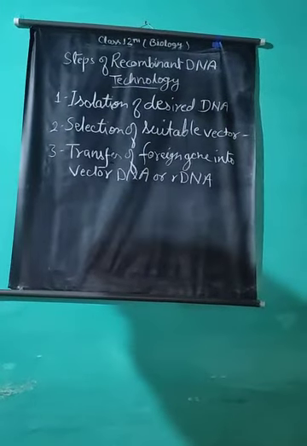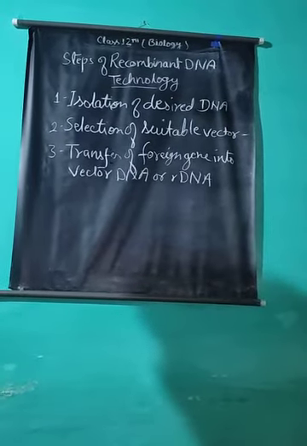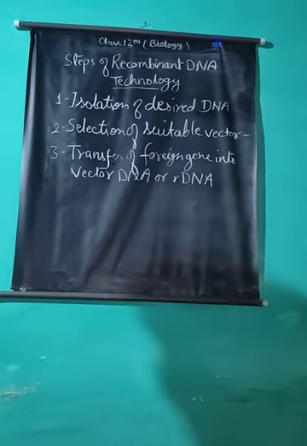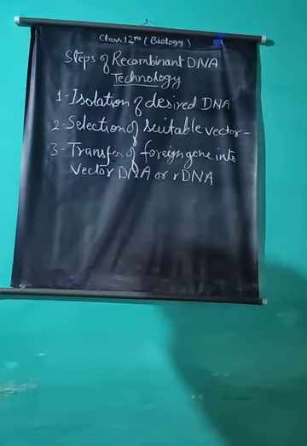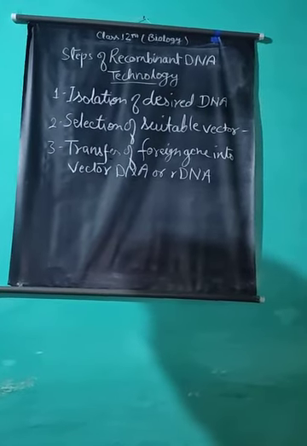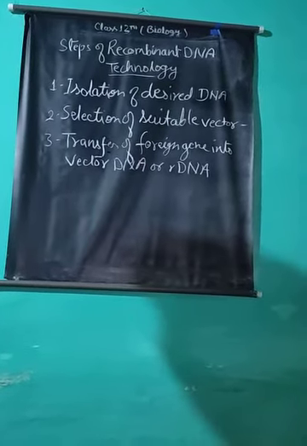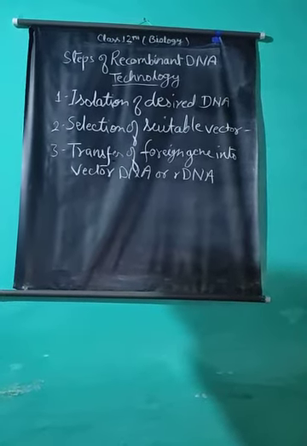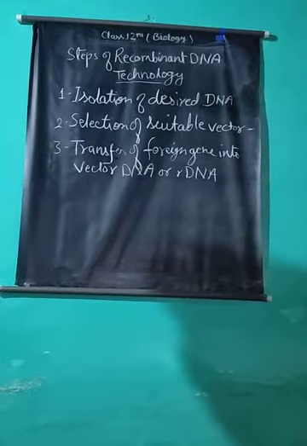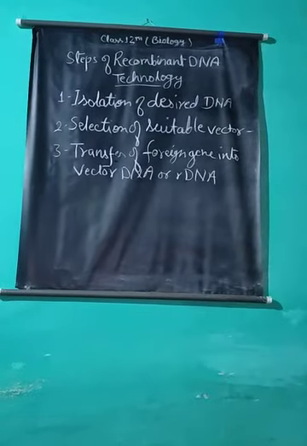In this step, first of all, vector DNA is treated with restriction endonuclease to cut it at an appropriate site. Foreign DNA is now inserted into it with the help of DNA ligase enzyme, forming recombinant DNA, called chimeric DNA.